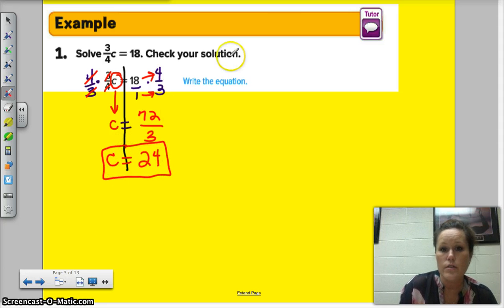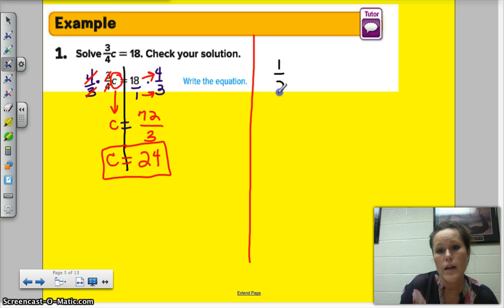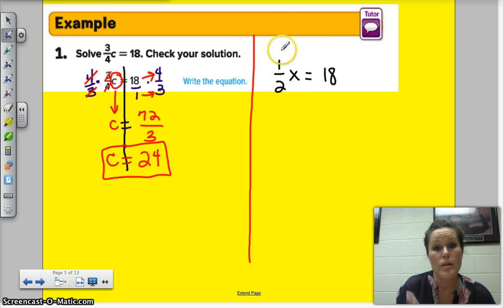Okay, let's do another example over here on the side. You draw a line on your paper and I'll give you another example. Let's do 1/2 times x equals 18. Our first step is to multiply by the reciprocal, to undo what's happening to the variable here. This is 1/2 times x. To get rid of that fraction, I'm going to multiply this side by 2/1, the reciprocal, and this side by 2/1.